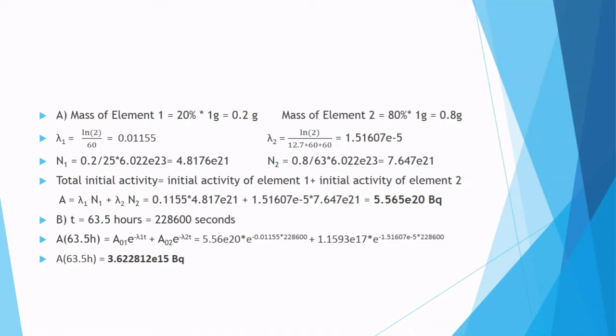After using all of the values in the formula shown, we see that the activity of the sample after 63.5 hours is equal to 3.622812 times 10 to the power 15 becquerels.